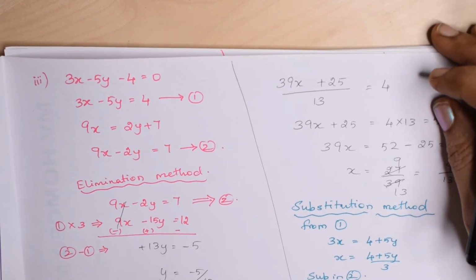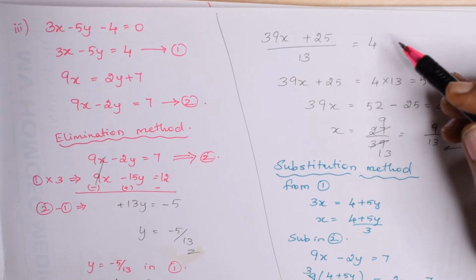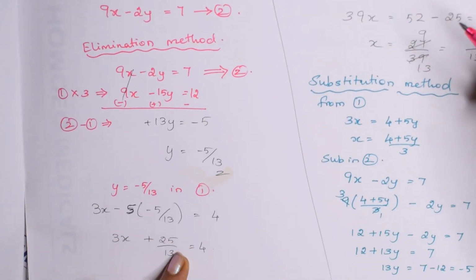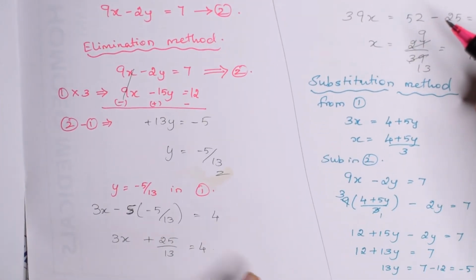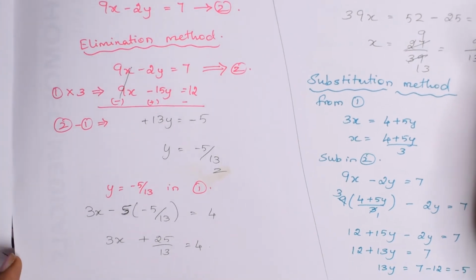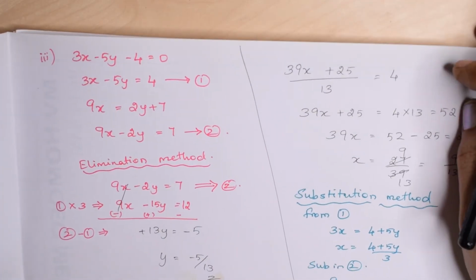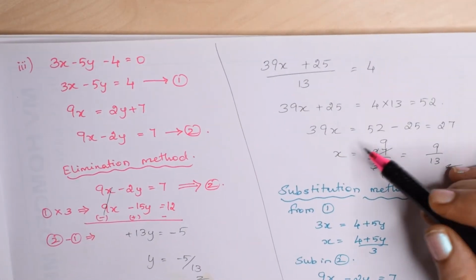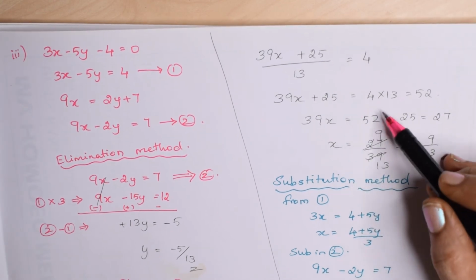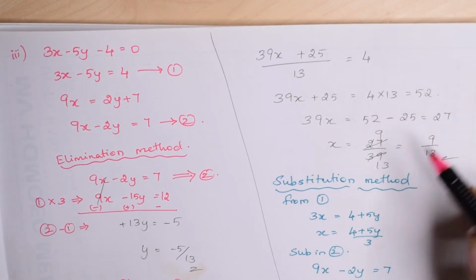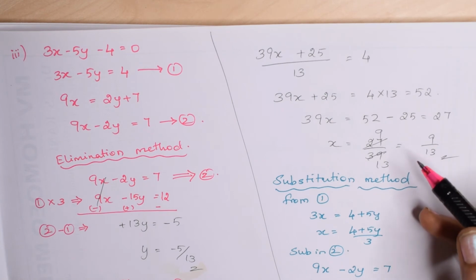Or else I can bring this whole term, full term, to the right hand side. That also I can do, or else I can find the LCM and bring only the 13 to the right hand side, okay. So when I do that, I found the LCM, and it becomes 39x plus 25 is equal to 4 into 13, which is 52, and so x value is equal to 9 by 13.